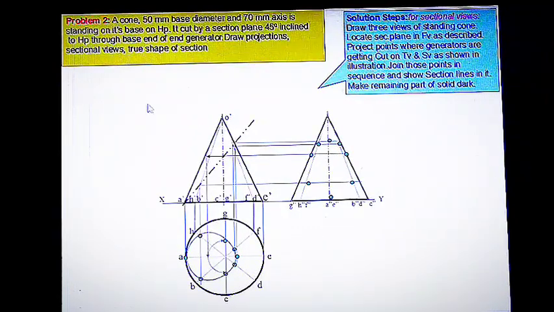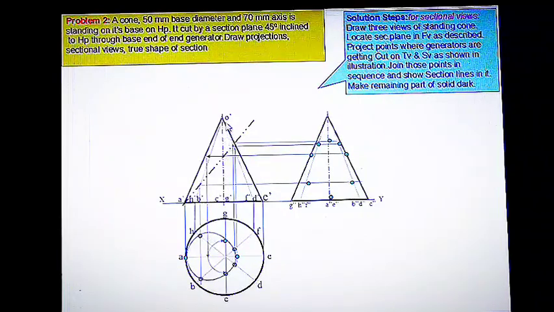Similarly, the cutting plane intersects with the O dash B dash line at this height, and this intersecting point can be obtained in the plan by drawing the vertical projector from this intersecting point in the downward direction and intersecting at the radial line OB, this line OB. So this point is obtained.